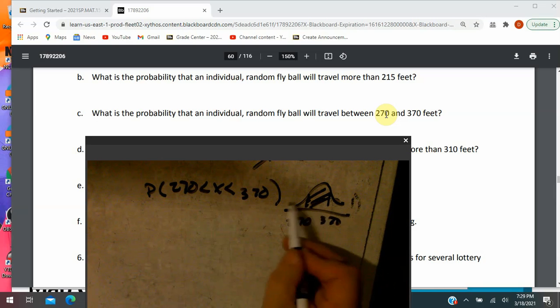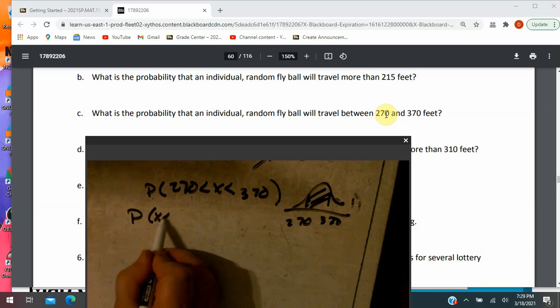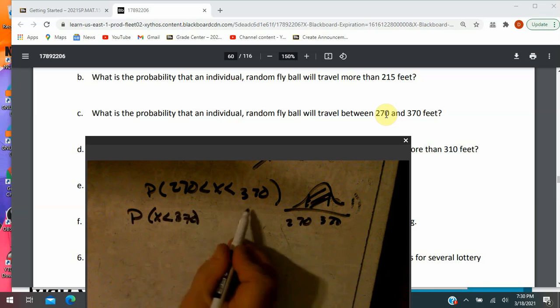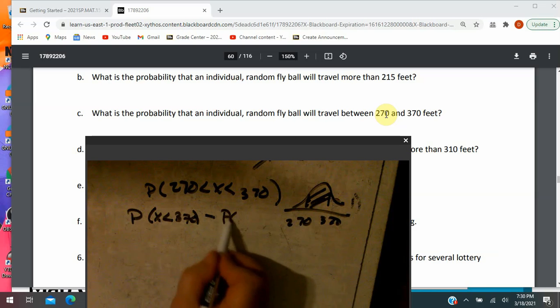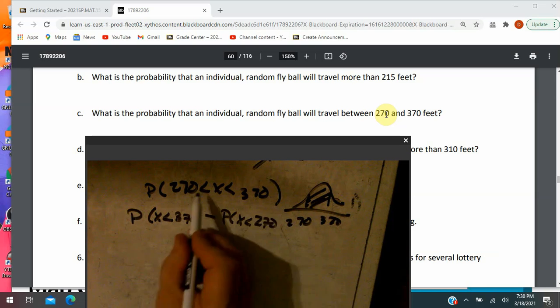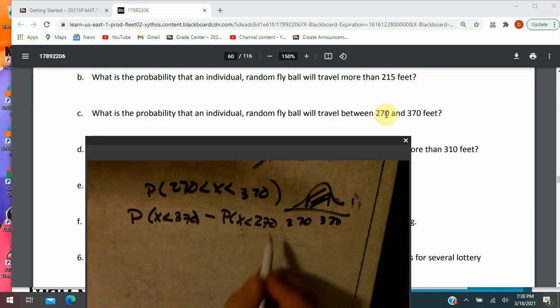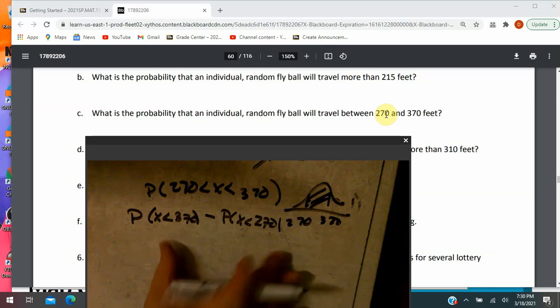The big area to the left minus this gives me the stuff in here. So I'm going to take x less than 370, that's this piece, and then subtract off the probability that X is less than 270.